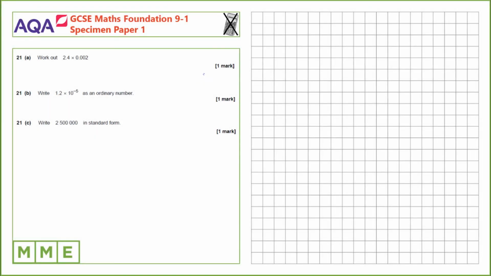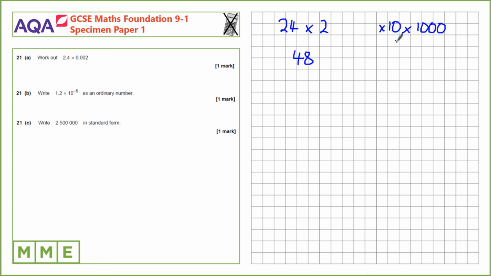Question 21a. Work out 2.4 times 0.002. For these kinds of questions, it's useful to first write it as whole numbers, so 24 times 2. To do this, we've had to multiply 2.4 by 10 to get 24, and we've had to multiply 0.002 by 1000 to get 2. 24 times 2 is 48, and now we've got to undo what we did.